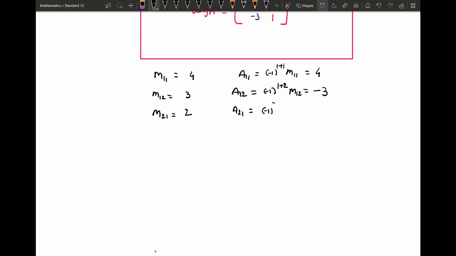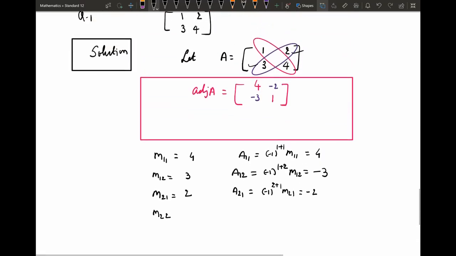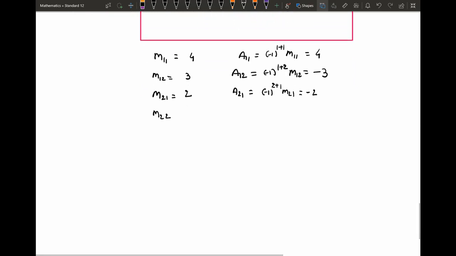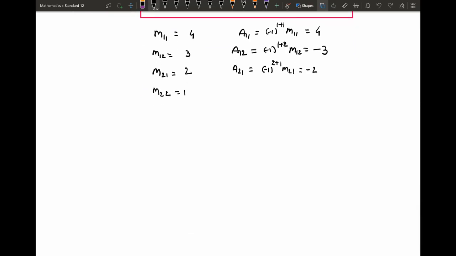Now A21 is minus 1 raised to 2 plus 1, M21, so it is minus 2. M22, the minor of 4, is 1. So A22 is minus 1 raised to 2 plus 2, M22, so this is 1.